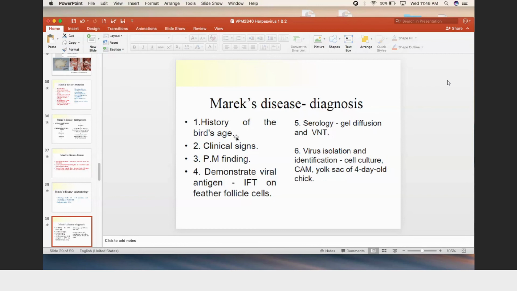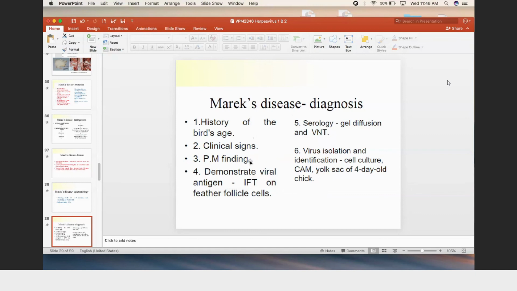You wouldn't see Marek's disease virus in broiler chicken of 35 days, because it's too young for the virus to replicate and show the problem. This virus needs time to replicate and come up with the disease, especially the tumor-like structure. So the clinical sign is very important for diagnosis.